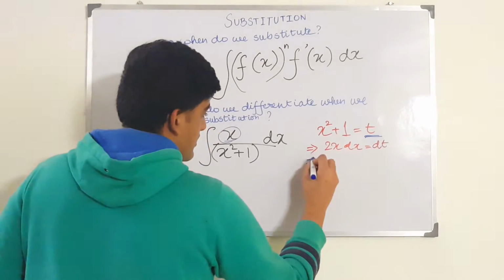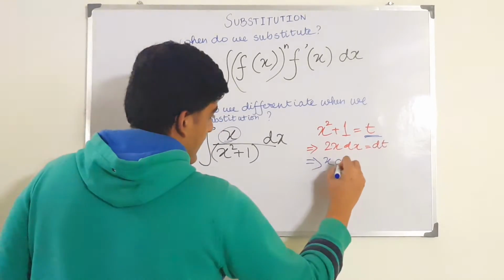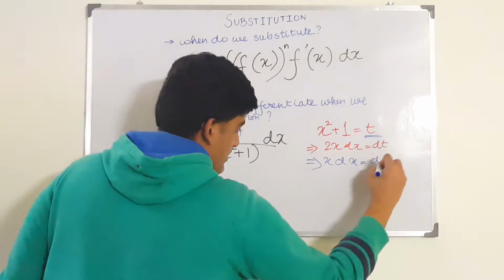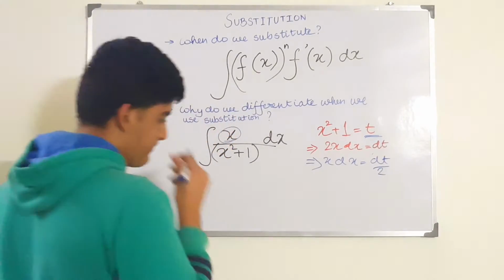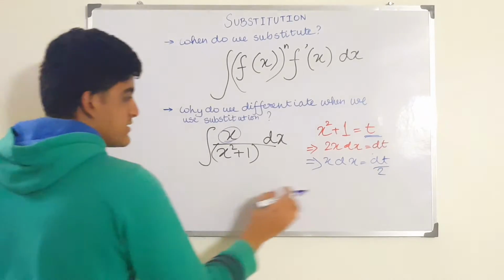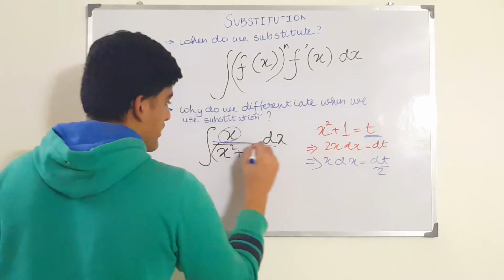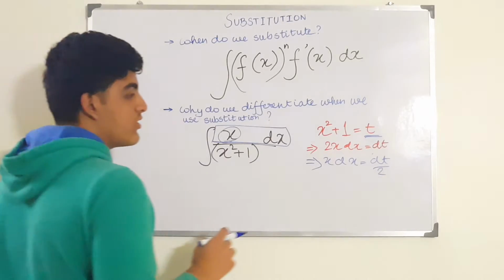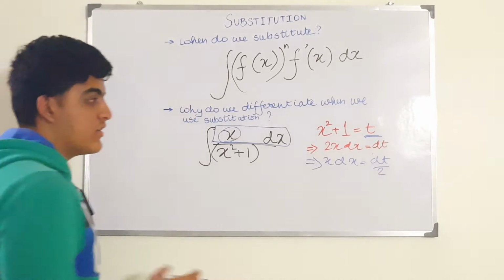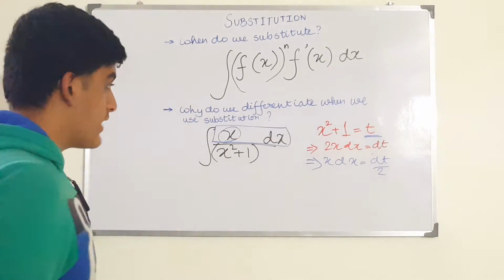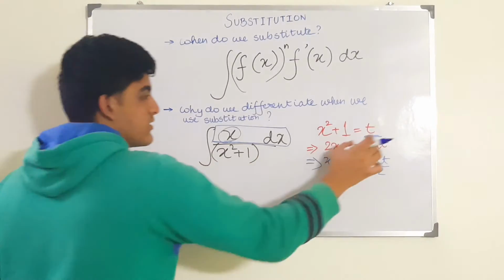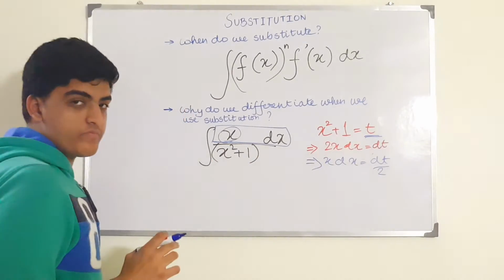As we see, we have x dx is equal to dt divided by 2. So we have the entire numerator in terms of t. So we are ready to substitute from x to t.